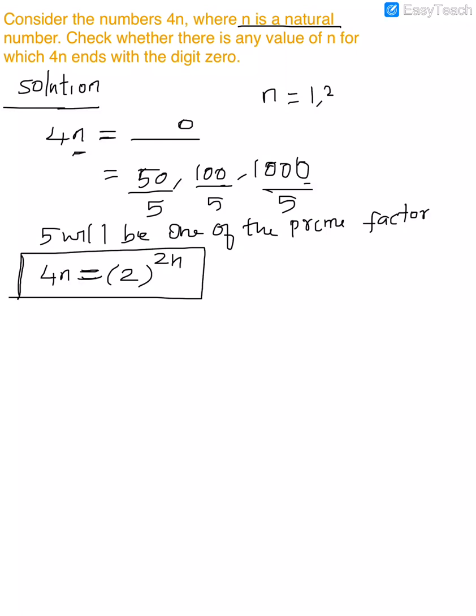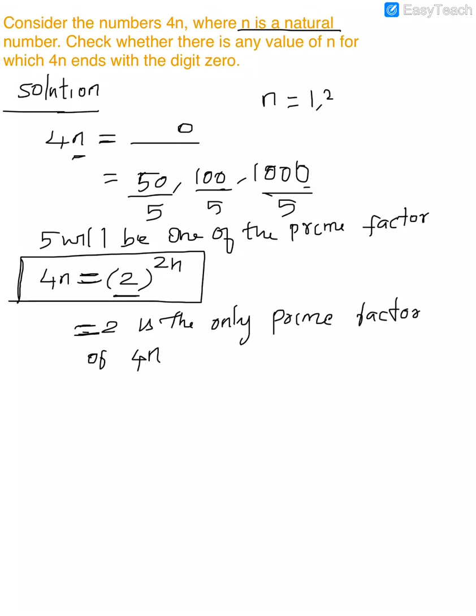Both are the same. Here you see, 2 is the only factor. In another way you can split it like this: 4^n equals 2 into 2. Look here, 2 is the only factor of 4^n.